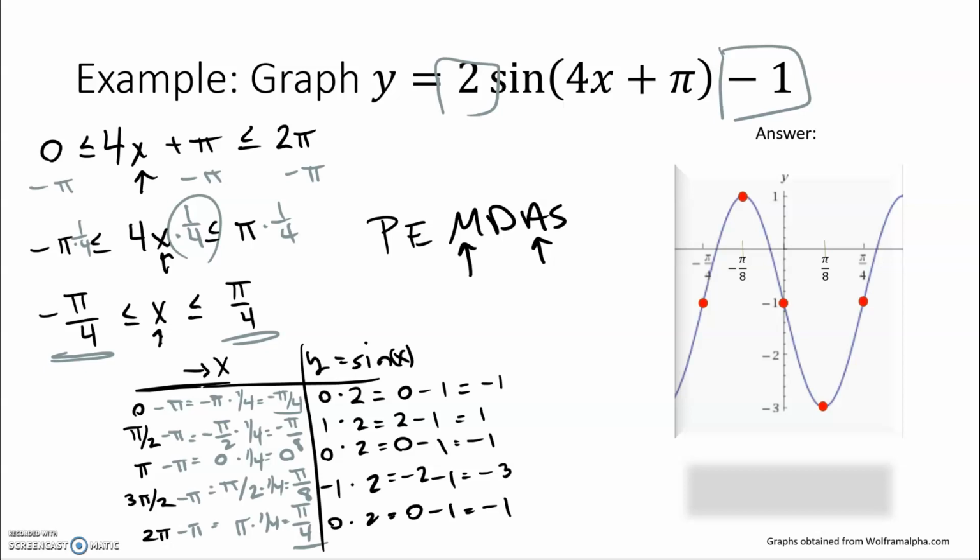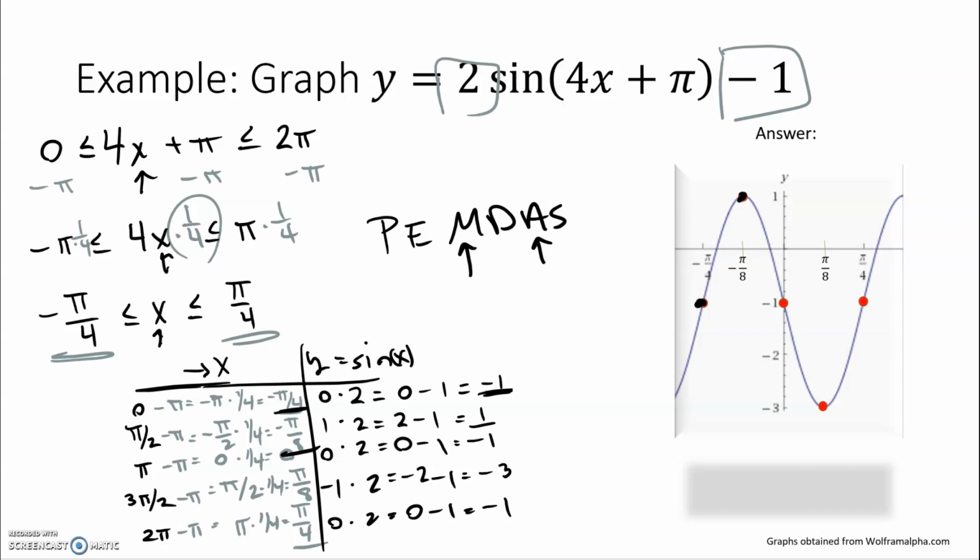Okay, then I'll plot the points. 0, -1. So 0, -1 right here. Nope, I'm sorry. That was not my end. My end is over here. Threw me off. Negative pi over 4, -1. That's the first point I'm going to plot. So there it is right there. Negative pi over 8, 1, right here.